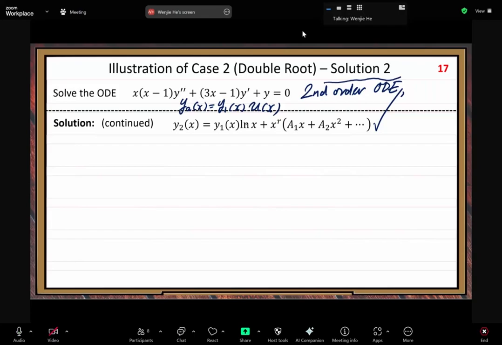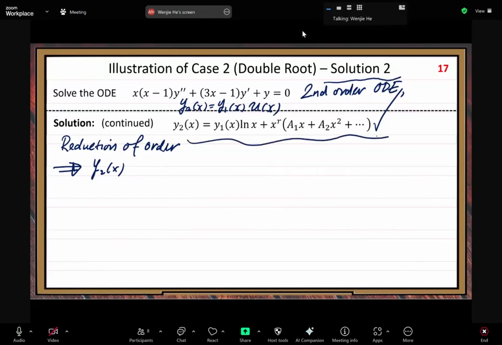So our textbook used that reduction of order method to determine that y2 function. In that way, you get around this direct calculation. Okay?